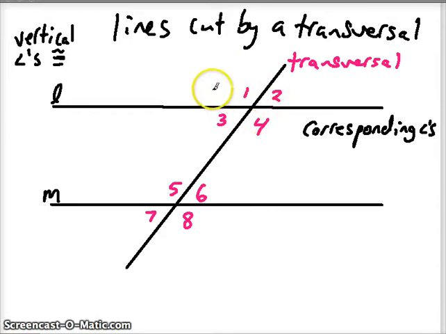It's in the top left of line L. What's in the top left of the other line? Let's look at line M. What's in the top left here? Well, 5 is. So 1 and 5 are in the same spots. They're in the top left corners, but on different lines. And that's what corresponding angles are. Same spot, but a different line. So angles 1 and 5 are corresponding.